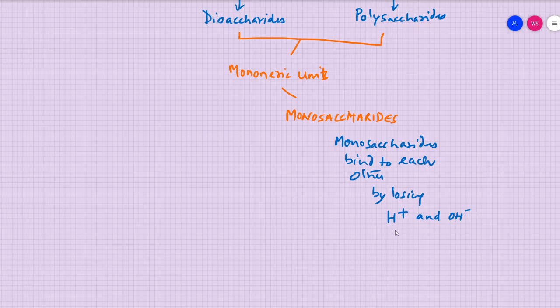And this reaction, what is this called? This is called a condensation reaction.